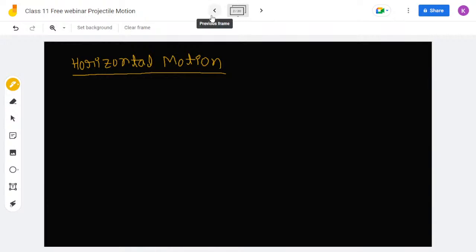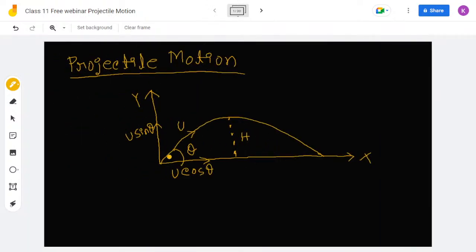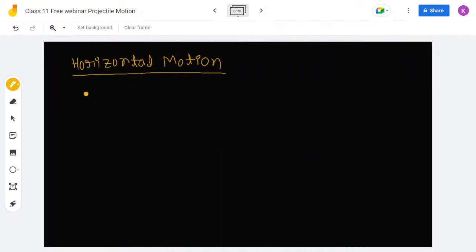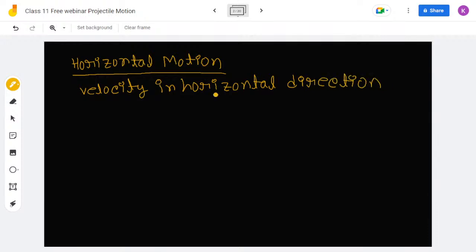Now, as we see from the diagram, the horizontal component of the velocity, that is u cos theta, remains constant. So, velocity in horizontal direction remains constant.